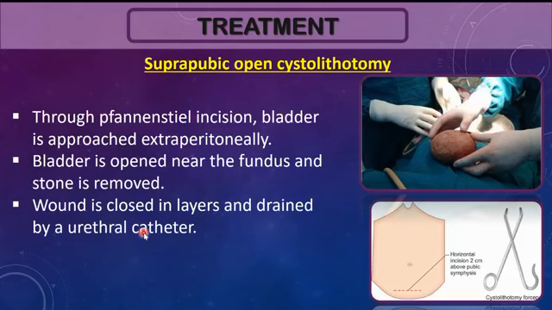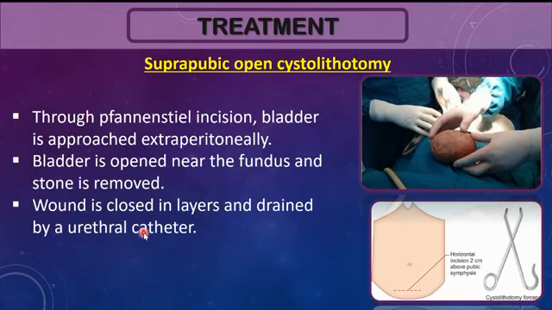Before opening, you place two stay sutures and make a vertical incision. Then the urine is sucked out and the stone is removed with stone forceps. Then the bladder is closed, keeping a drain in the retropubic space, and the wound is closed. So this is called suprapubic cystolithotomy. The key point is the position of the patient during the operation: tilting down, Trendelenburg position, head down.